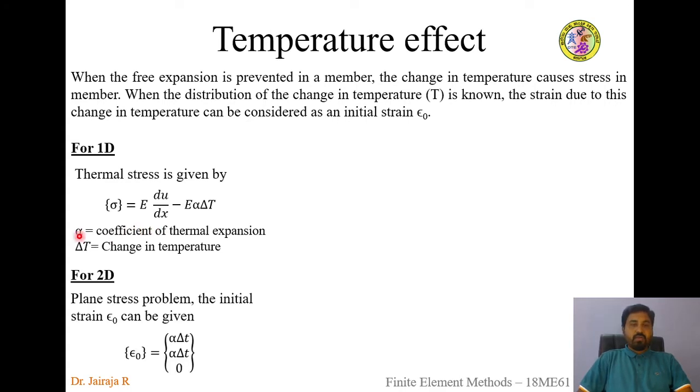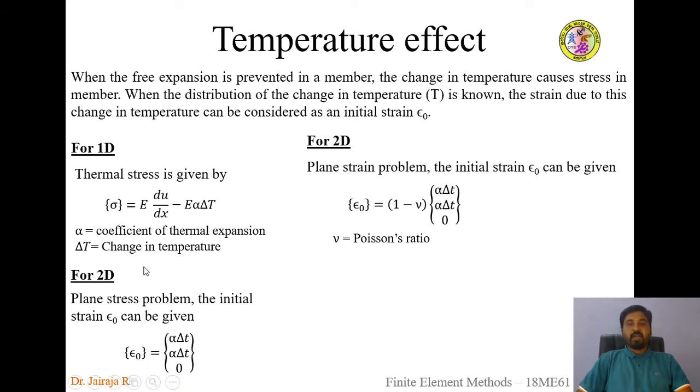For 2D plane stress problem, the initial strain epsilon naught is equal to alpha delta T 0. Similarly, for 2D plane strain problem, the initial strain epsilon naught is equal to 1 plus mu into alpha delta T 0, where mu is the Poisson's ratio.